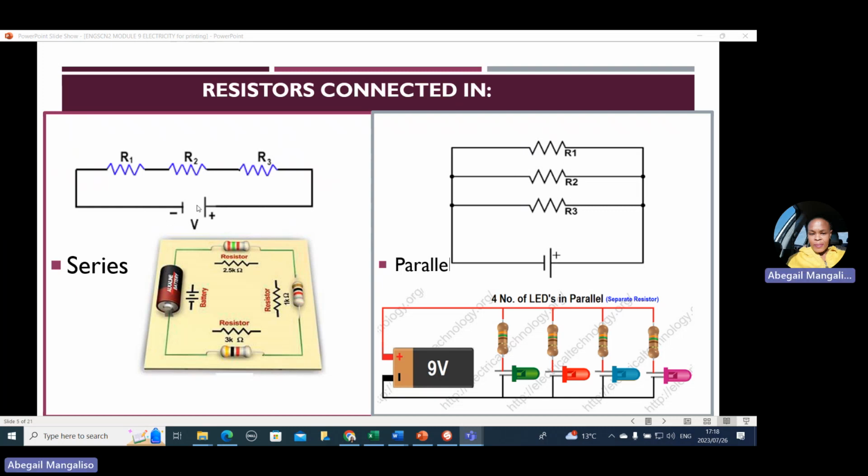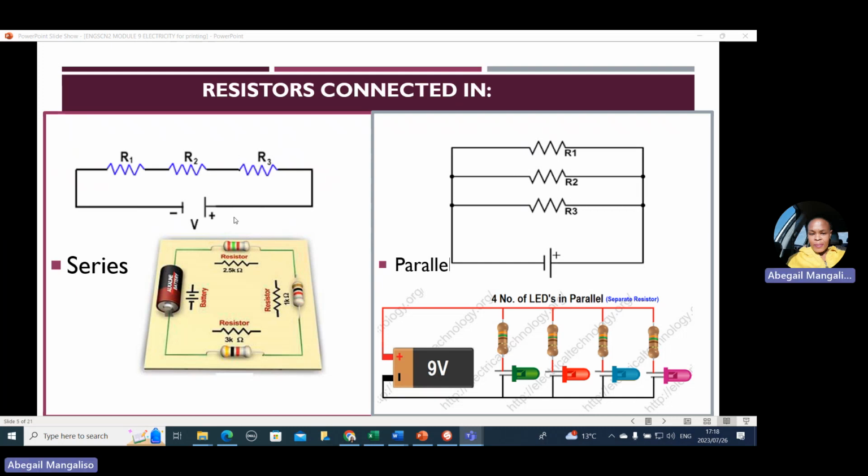On a series connection, current flows from the battery through the first resistor. Then the current will have nowhere to go but transfer to the second one. The same current flows through the last one, then back to the source. So on a series connection, current is the same.